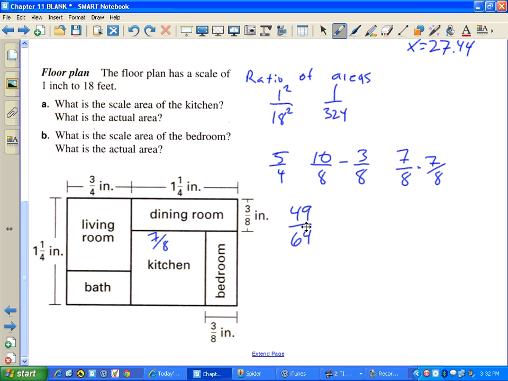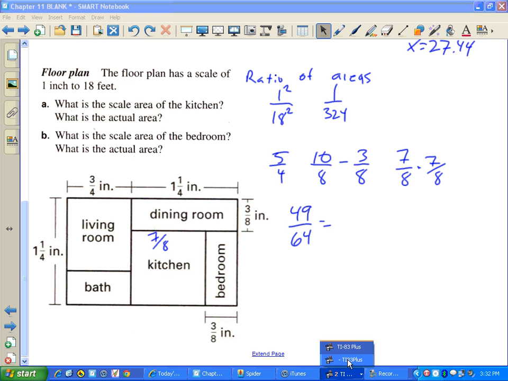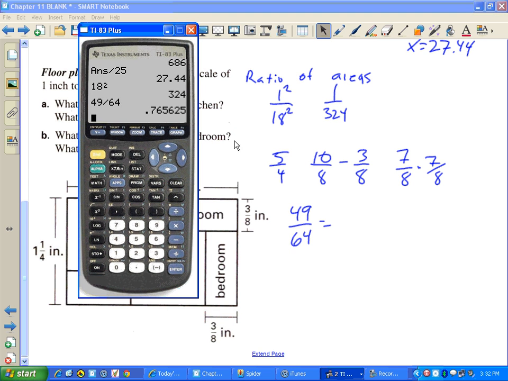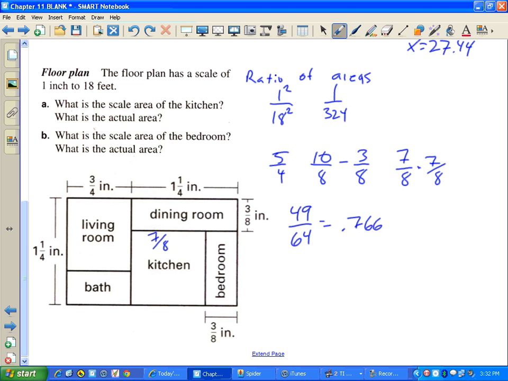So if this is the area of the drawing, let's get a decimal here. Okay, I get 0.766, we'll say. And that's the small one.